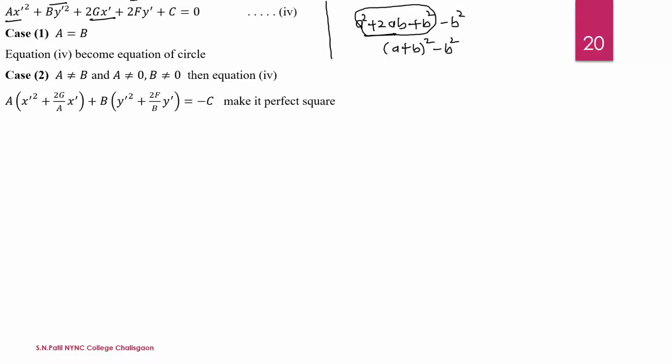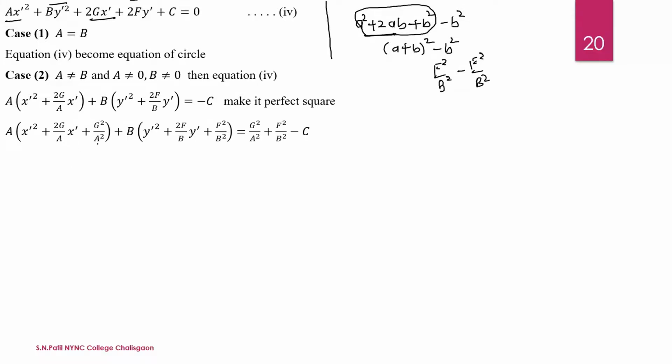upon a square. Similarly here b is f upon b, then we add f square divided by b square and subtract f square divided by b square. Okay, in this way we adjust the terms, then we get the perfect square. See, here we add, then we subtract here.